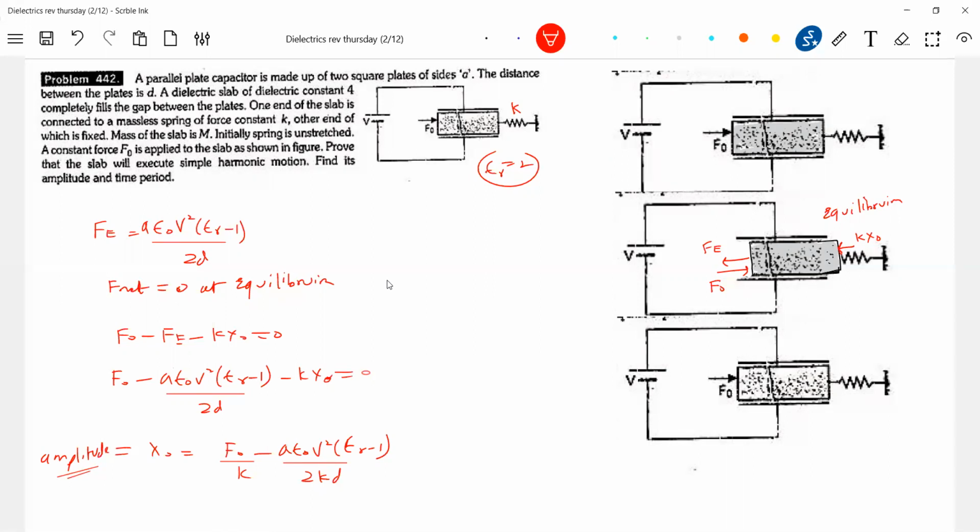Go back to the SHM. If I further push it, I'll adjust the diagram. You can see now. Yeah, displaced.